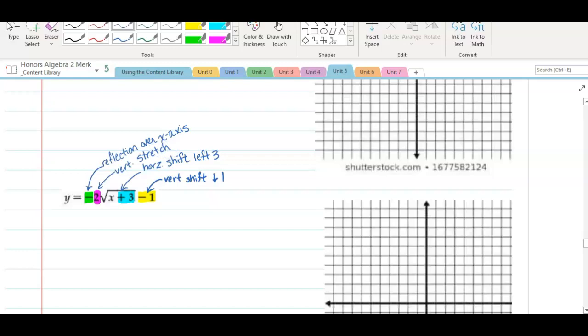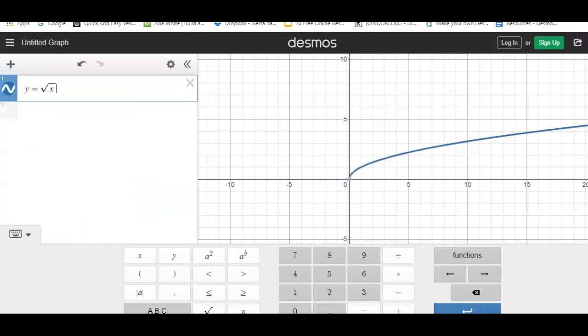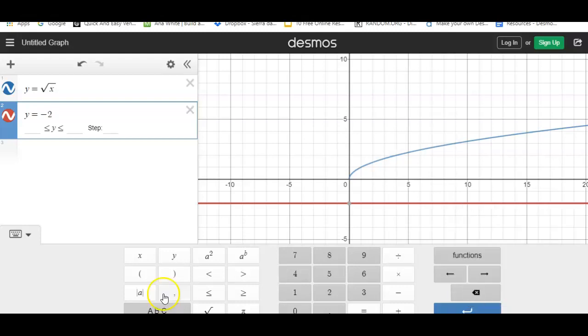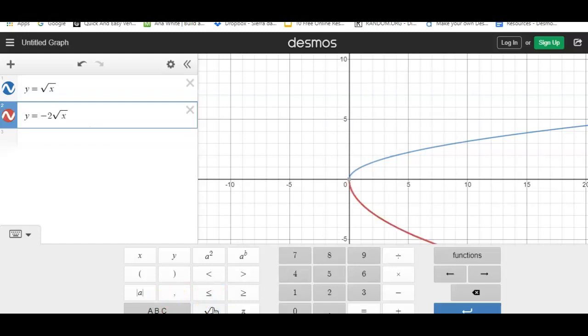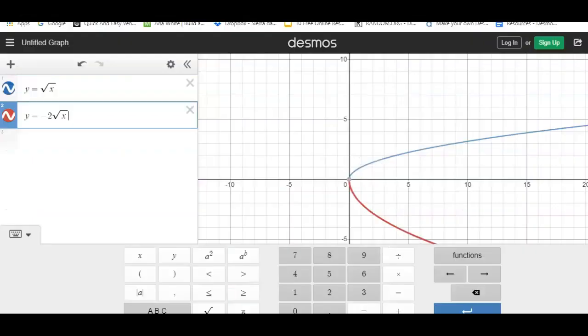So let's type this into Desmos and see what it looks like. I'm going to get rid of that function. I'm going to type y equals -2 times the square root of x plus 3, right arrow to get out of the radical, minus 1.